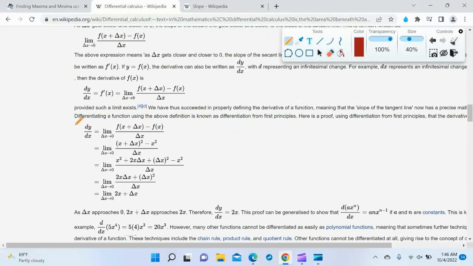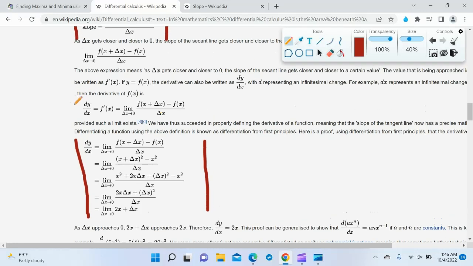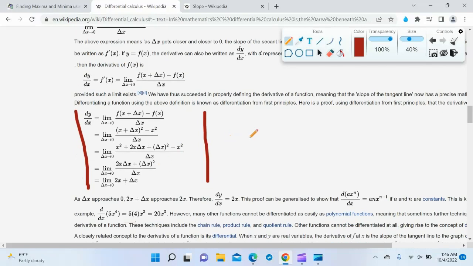So dy by dx is equal to f of x plus delta x, minus f of x, divided by delta x, and we will prove it here.